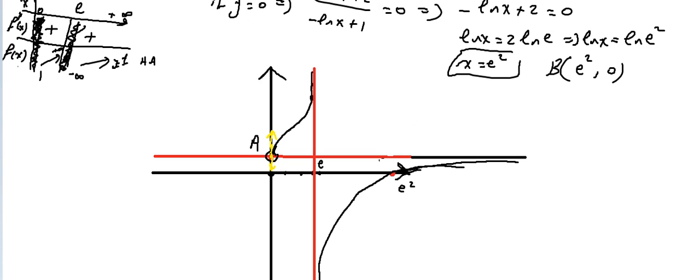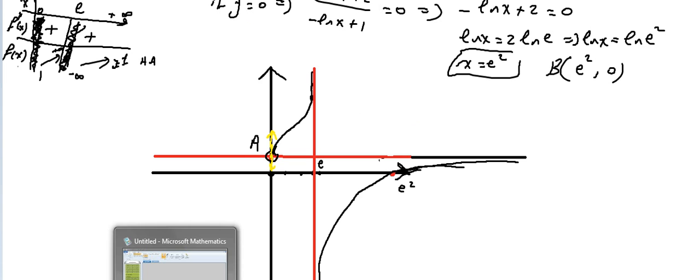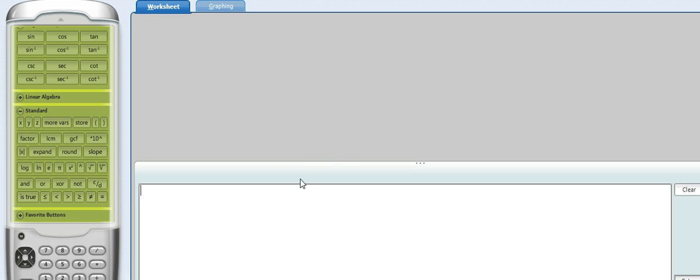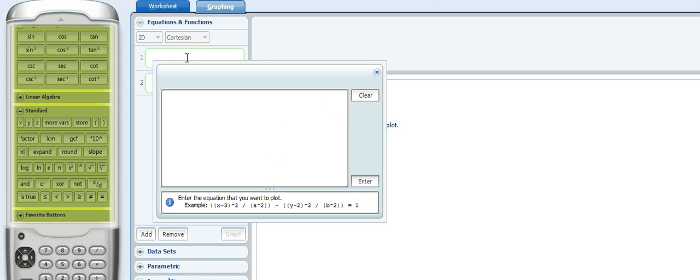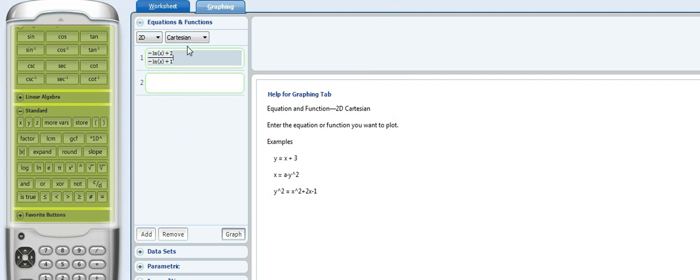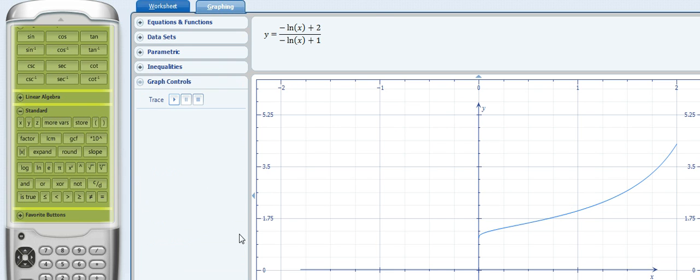Let's see before the time goes. All right, graphing. It was minus ln x plus 2 divided by minus ln x plus 1. Enter. Graph this function.